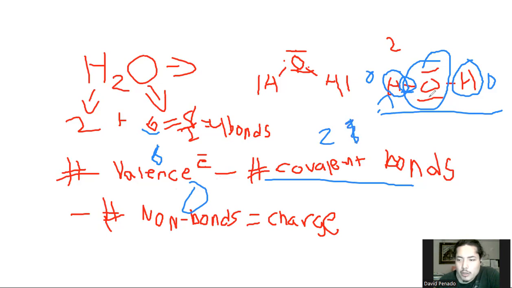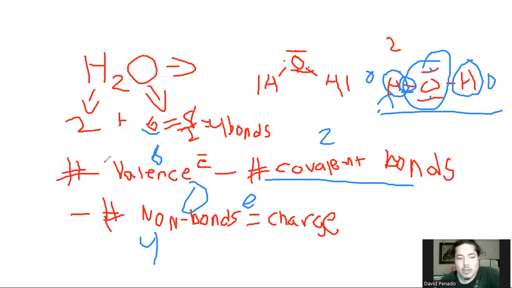I'm going to erase that. And how many non-bonds does he have? These are the 2 non-bonds, this one and this one. But electrons, non-bond electrons. So there's 4. 1, 2, 3, 4.